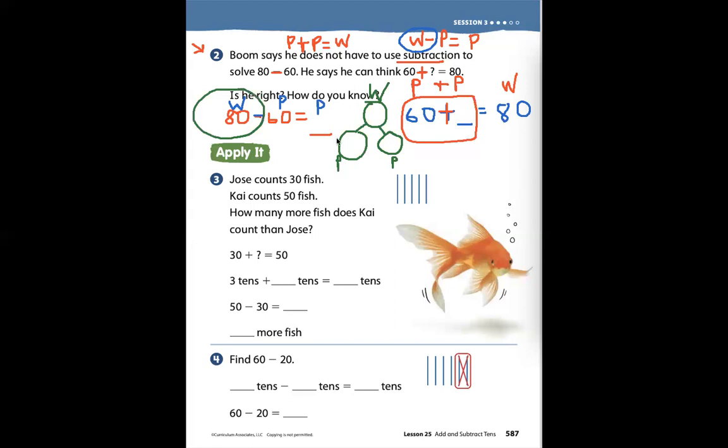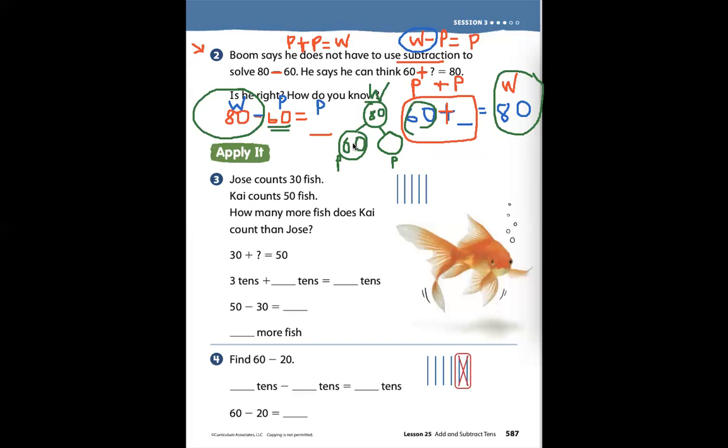Over here, my whole is 80. So my whole is 80 on both sides, right? The part that I know is 60 for the subtraction, 80 minus 60. And 60 for the addition problem, 60 plus blank equals 80, is also the part I know, right?